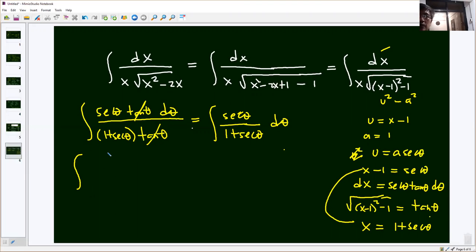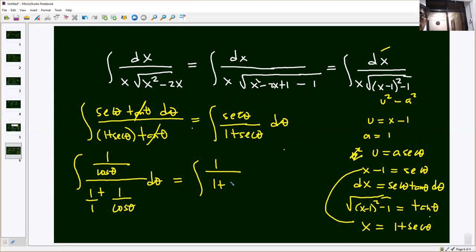Second is 1 over cosine. 1 plus second is 1 plus 1 over cosine. You know, pag sinimplify yan, lalo na tong ilalim, this would have a denominator of also cosine. Pero yung numerator niya magiging cos plus 1, right? When you combine. So basically, denominator cosine cancels out. So mangyari na lang dyan is 1 over 1 plus cosine d theta.